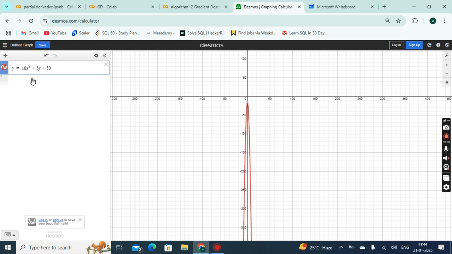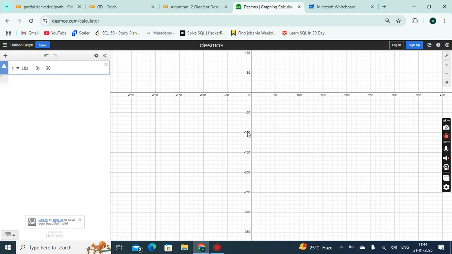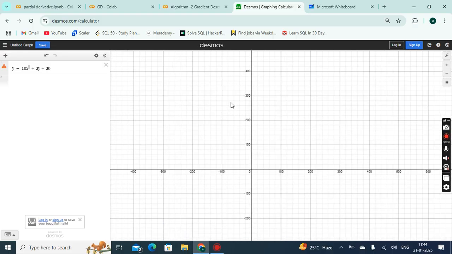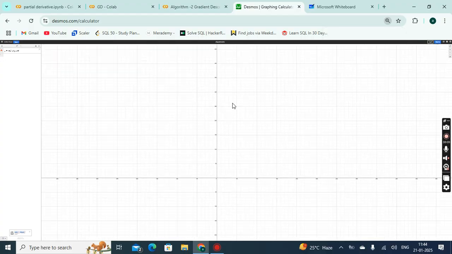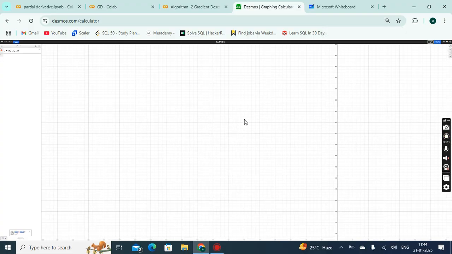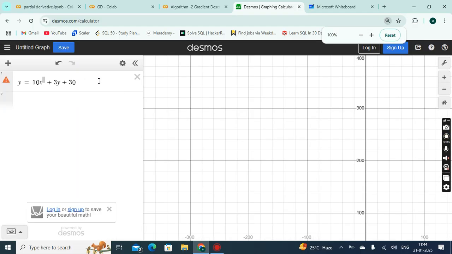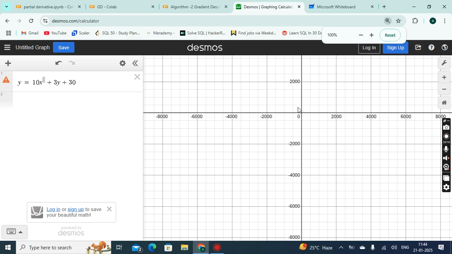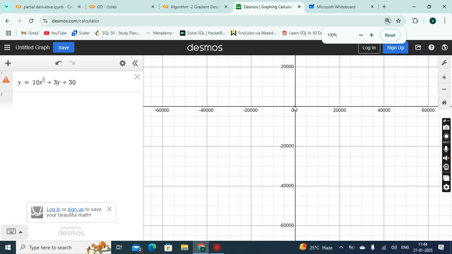Let's say keep it as 10x square, let's say 10x. I don't know where the line has gone. What I wanted to show you is that you have all noticed how the line keeps on changing.